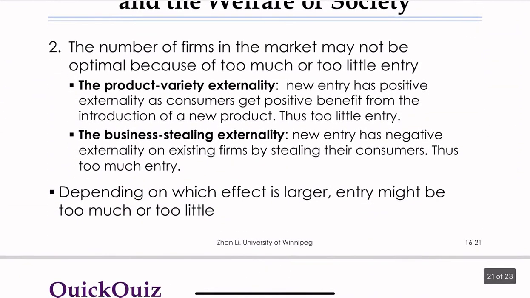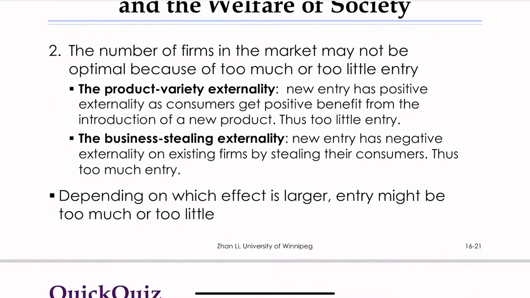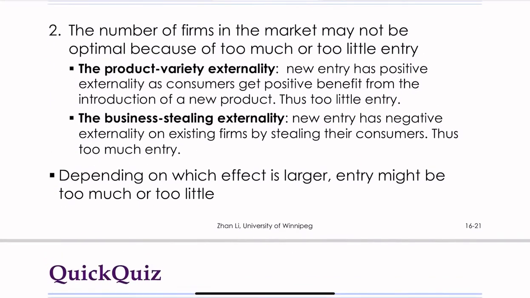Now, the second type of inefficiency is actually quite subtle, and it's also interesting. So here we think about the optimal number of firms in the market. That is, what is the best or optimal number of firms which would maximize our total surplus, right?